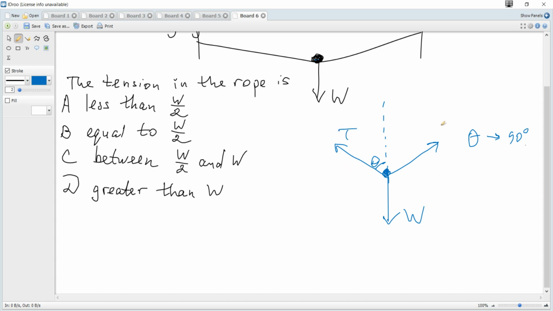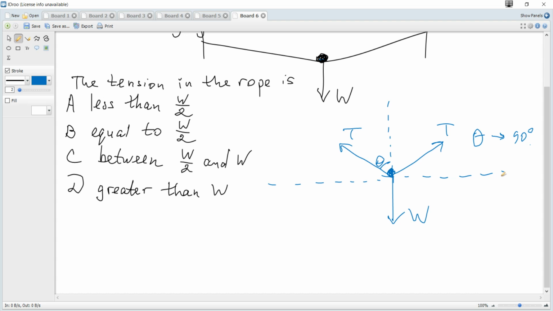So tension. And since it's in equilibrium, the net force or the resultant force is 0 in any direction, or all forces are balanced in all directions. Definitely, if we consider x-axis, you can see that T sine theta is equal to T sine theta, so it gets nothing.